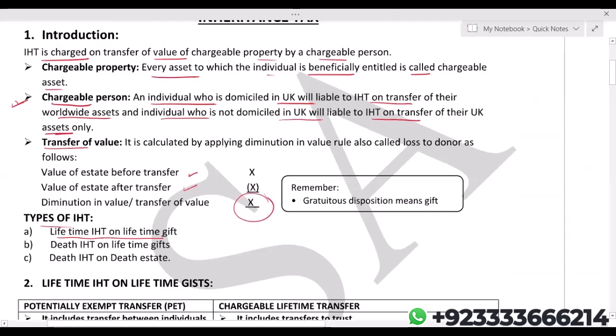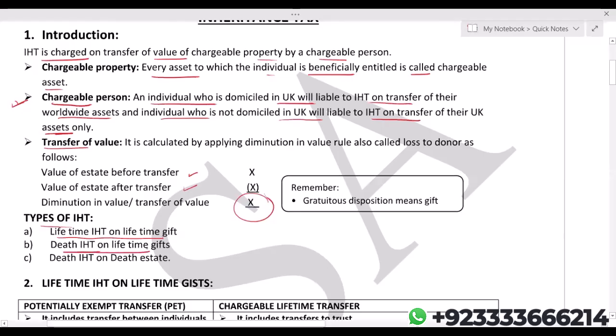Student, can you quickly reply when PET becomes chargeable? Please give me the answer. What is the answer when PET becomes chargeable? If the donor dies within 7 years. Great, that's great.